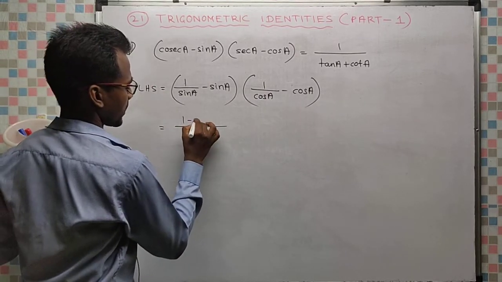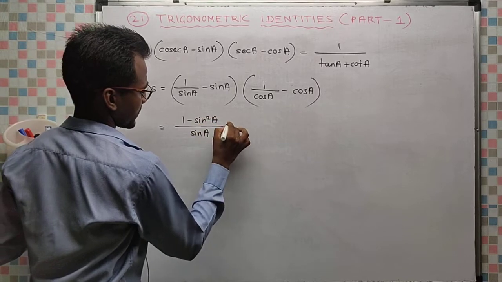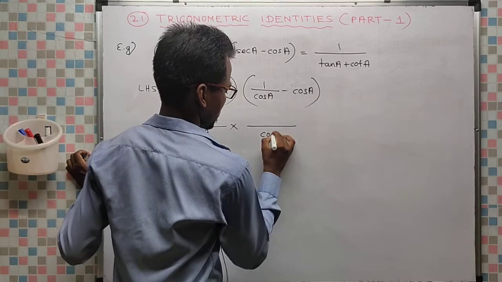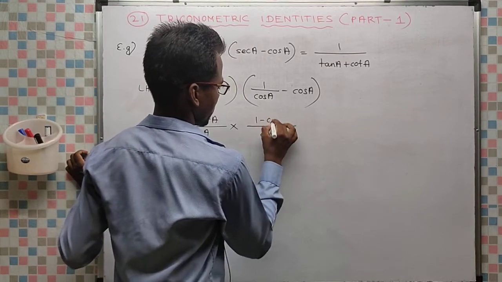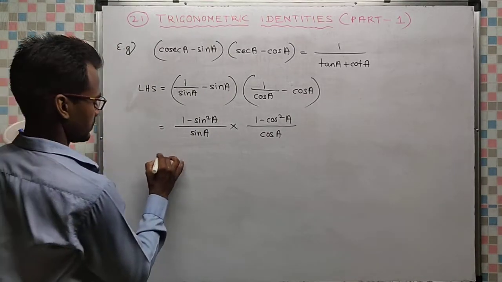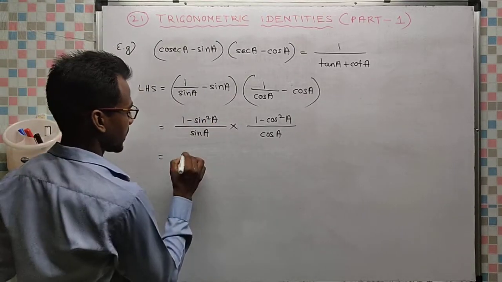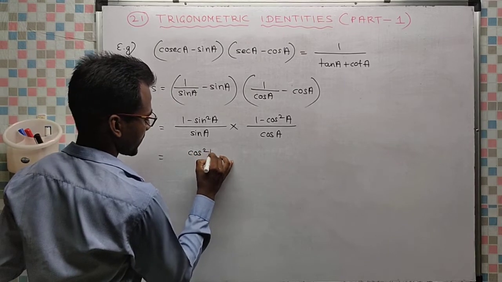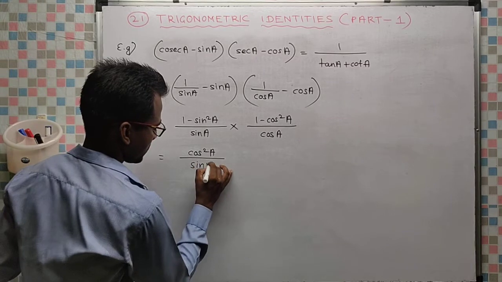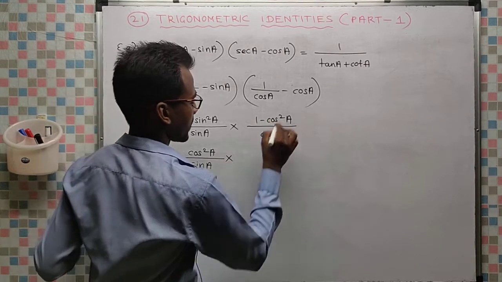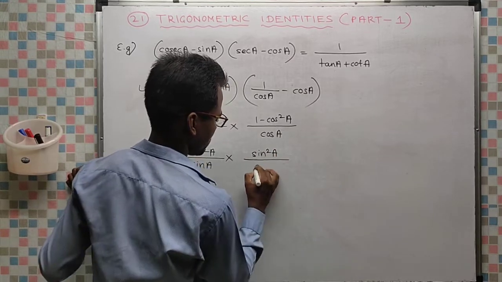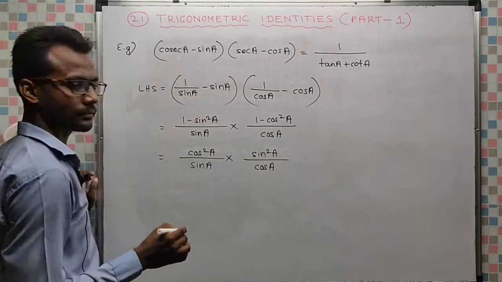So this will become 1 minus sin square A, by sin A. This will become, LCM is cos A, 1 minus cos square A, by cos A. See, 1 minus sin square A can be changed to cos square A. So it is cos square A by sin A, whole into 1 minus cos square A, which can be simplified to sin square A, by cos A.